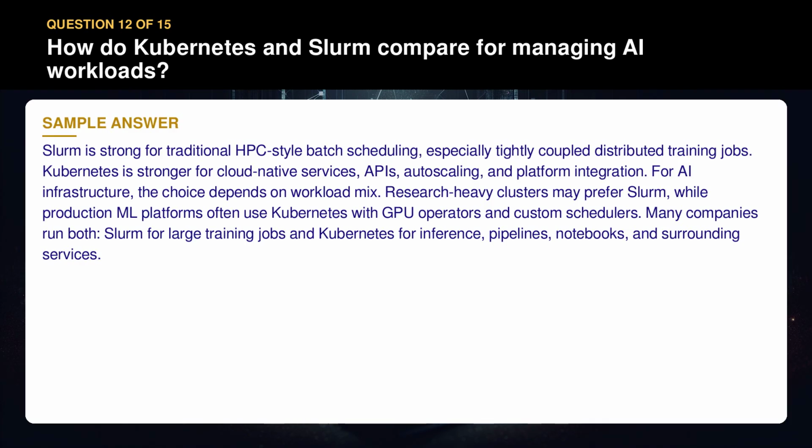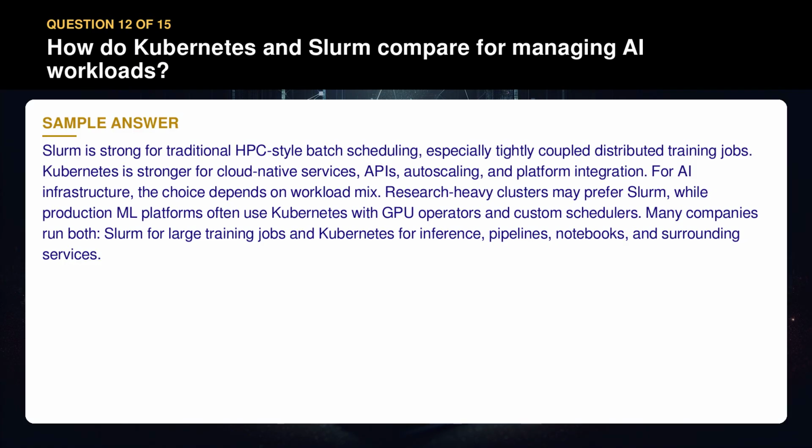Slurm is strong for traditional HPC-style batch scheduling, especially tightly coupled distributed training jobs. Kubernetes is stronger for cloud-native services, APIs, autoscaling, and platform integration. For AI infrastructure, the choice depends on workload mix. Research-heavy clusters may prefer Slurm, while production ML platforms often use Kubernetes with GPU operators and custom schedulers.